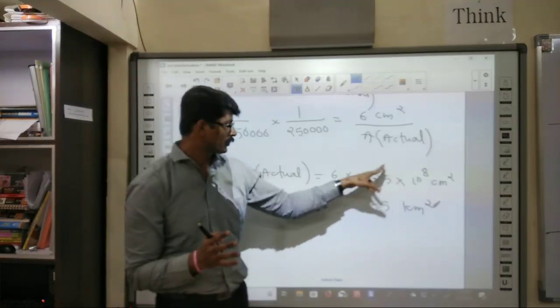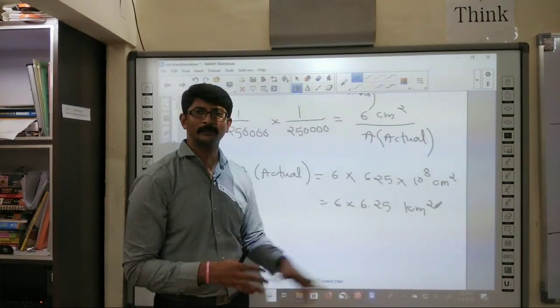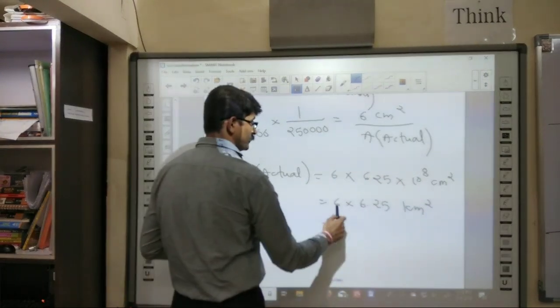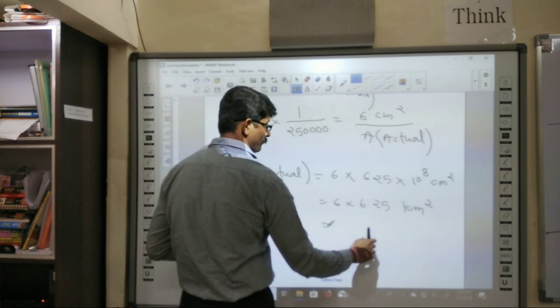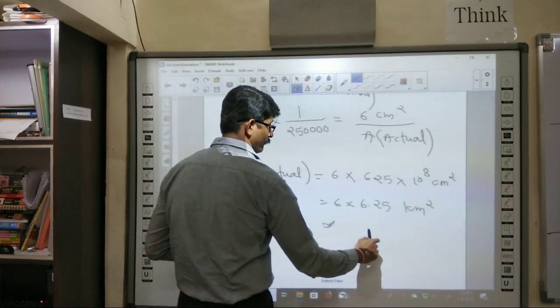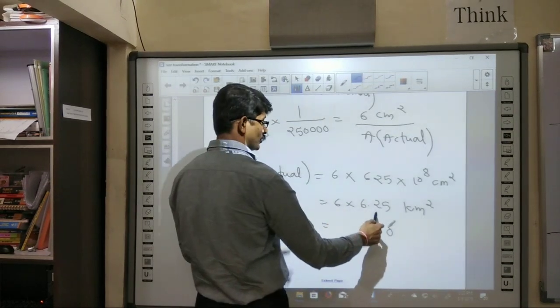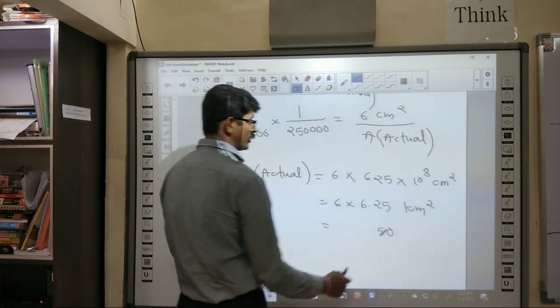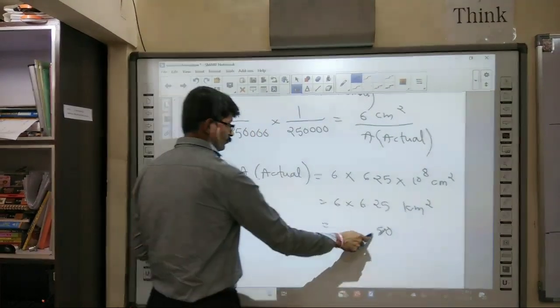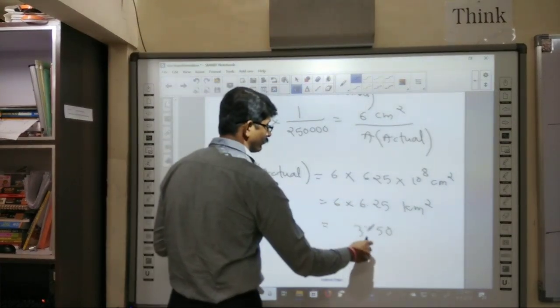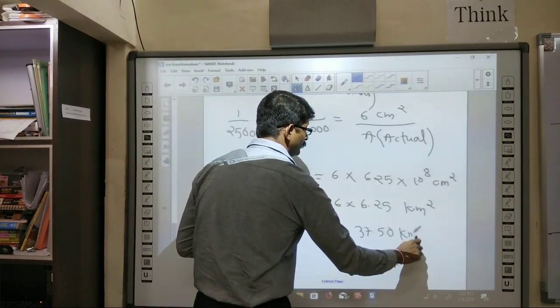I've shifted 2 dots behind, so it will become 6.25. Now 6 into 6.25: 6 fives are 30, 3 carry, 6 twos are 12, plus 3 is 15, 1 carry, 6 sixes are 36, plus 1 is 37.5 kilometers square.